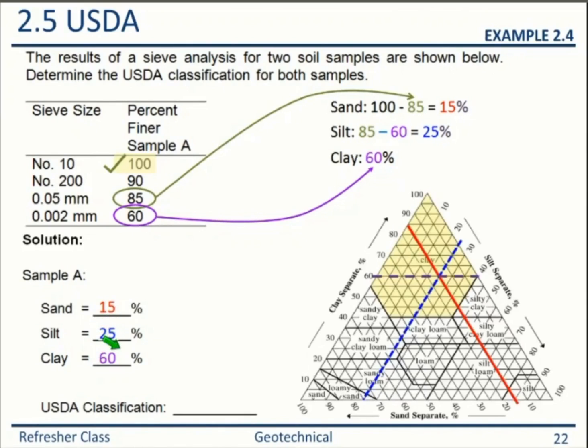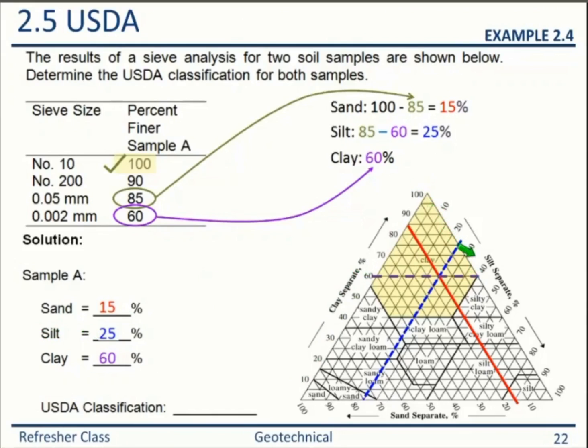Your sand is 15%. This is your 0, this is 10, this is 20, 15 is in between 10 and 20, clockwise from here to the clay. And your clay is 60%, this is your 0, 10, 20, 30, 40, 50, 60, from clay to silt. And the silt is 25%, this is your 0, 10, 20, 30, 25 is here.